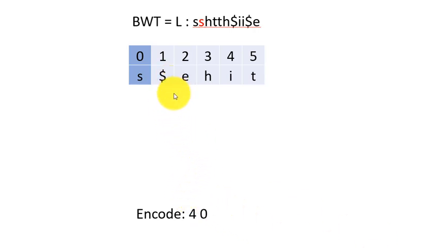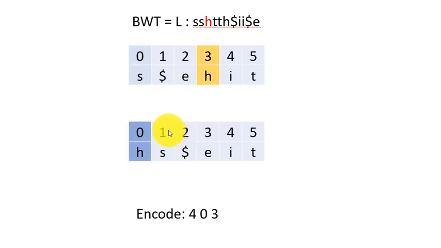And then after that, we look at the next character. The next character is H, so we simply look up the table here and find the index of H is 3. So I simply put the 3 here and then move this H to the front, becoming the index of 0. And I keep the rest of the elements in order.